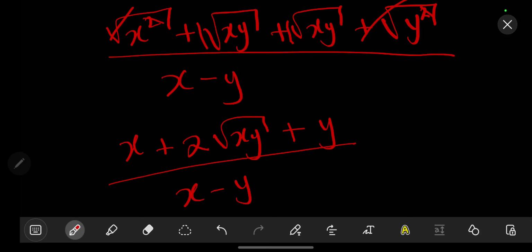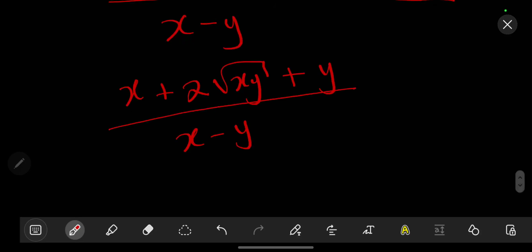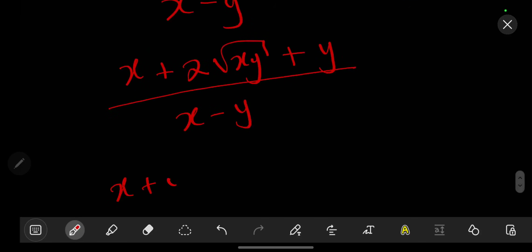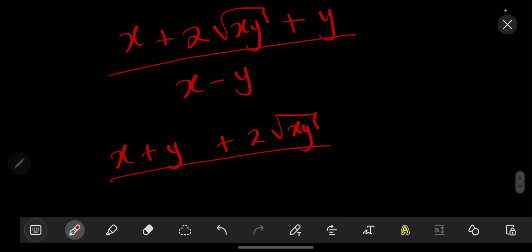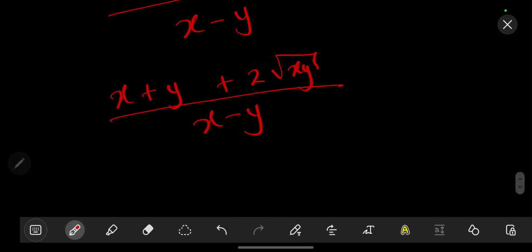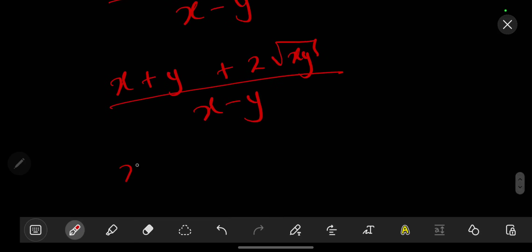So now what we are going to do is arrange it. So we are going to have our x plus our y, then we have plus our 2 square root of xy, then we have over our x minus our y. So all we are going to do is separate these by saying that we have our x plus y over our x minus y.